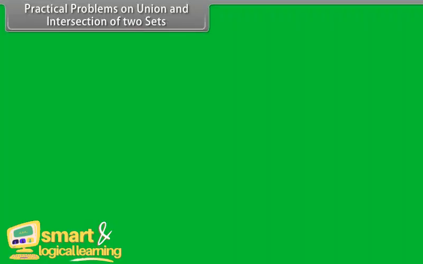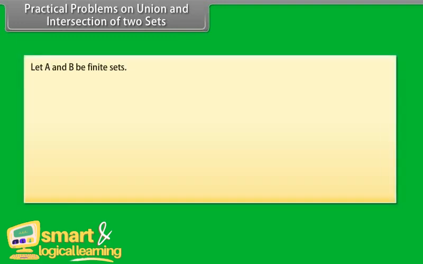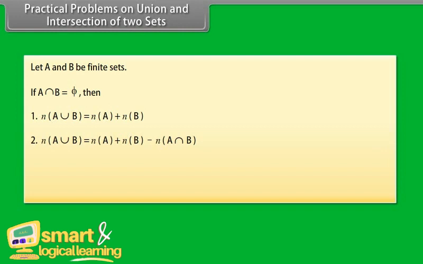Practical problems on union and intersection of two sets. Let A and B be finite sets. If A intersection B is equal to phi, then n(A union B) equals n(A) plus n(B). n(A union B) equals n(A) plus n(B) minus n(A intersection B).